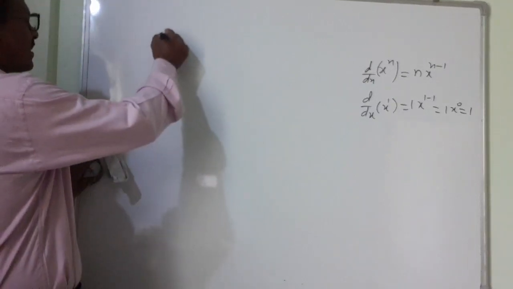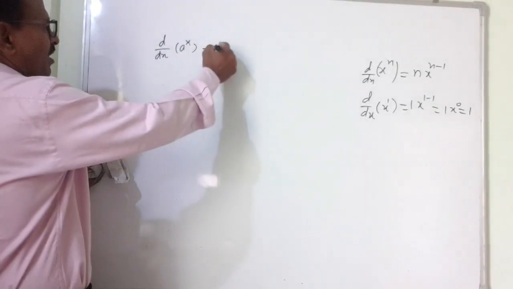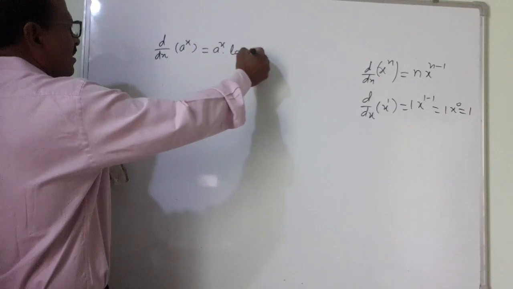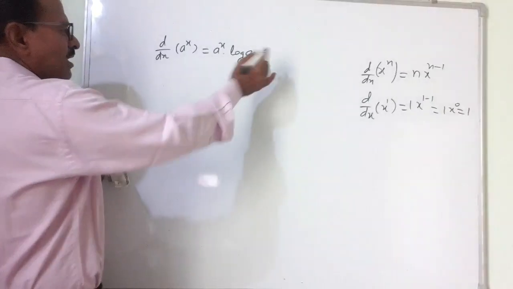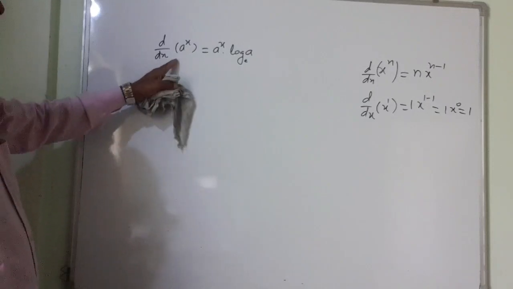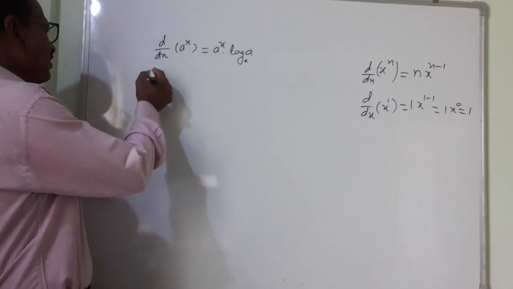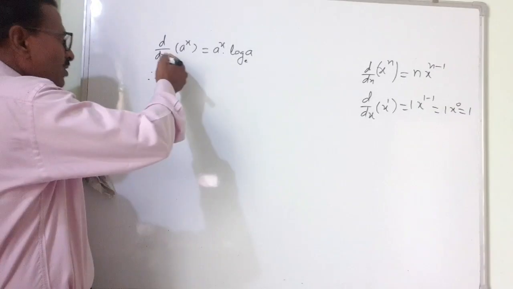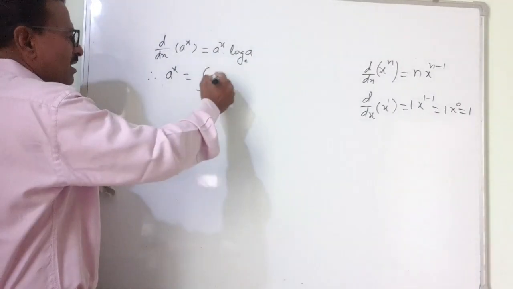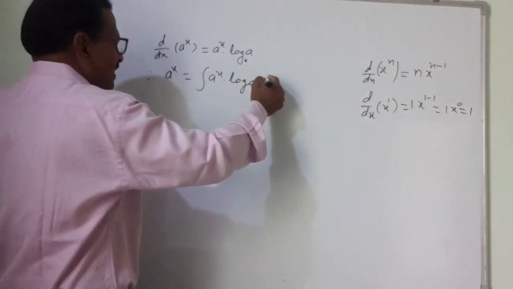A raised to x: derivative d by dx of a raised to x is equal to a raised to x into log of a. In this the base is naturally e. Therefore, I am interested in integration, so I will shift dx there. A raised to x is equal to integration of a raised to x into log of a dx.